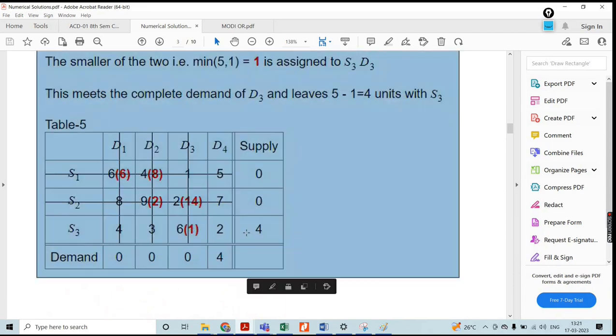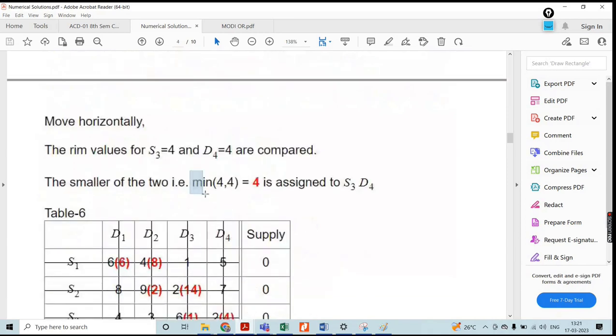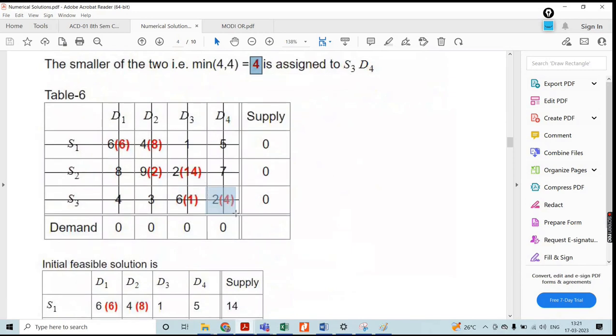Only 1 is left out. This will be allocated to this 2. So the min of this is 4. Then at 2 rupees, we are going to allocate the 4 quantities. All the supply and all the demands become 0. Once it becomes 0, we will get the feasible solution.